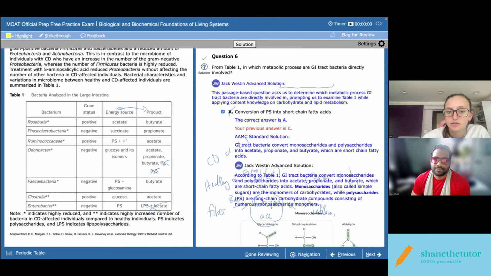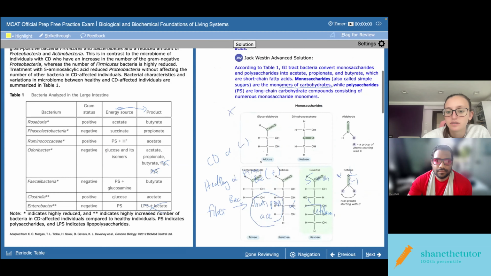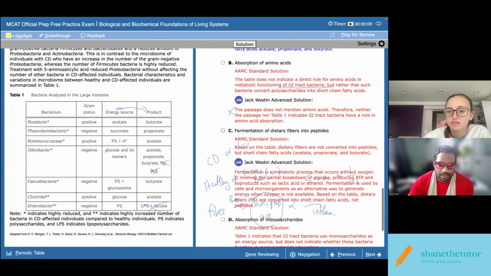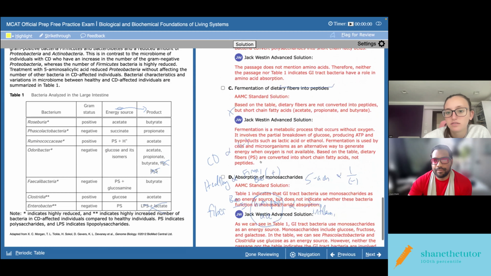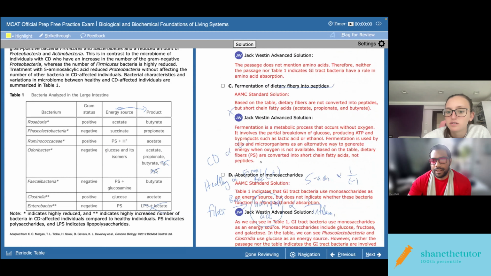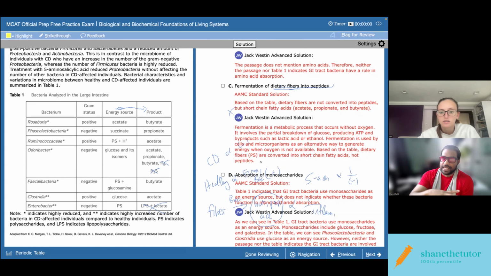I picked C. Yeah, I was going to predict that because they use the word fiber. A lot of these types of things, you can get to the point where you can predict the trap answer choice.